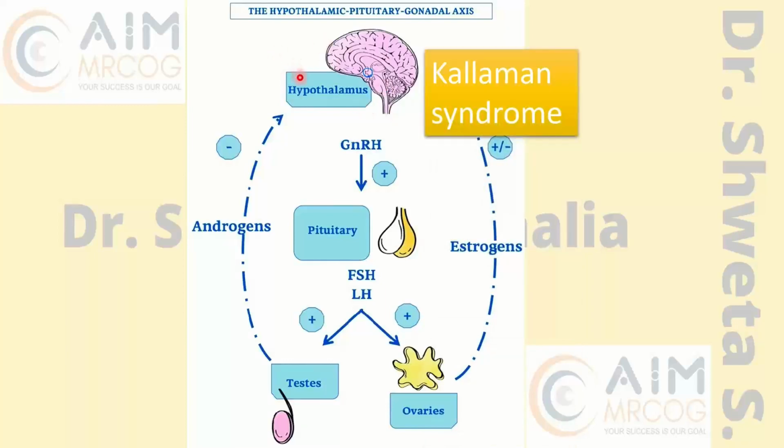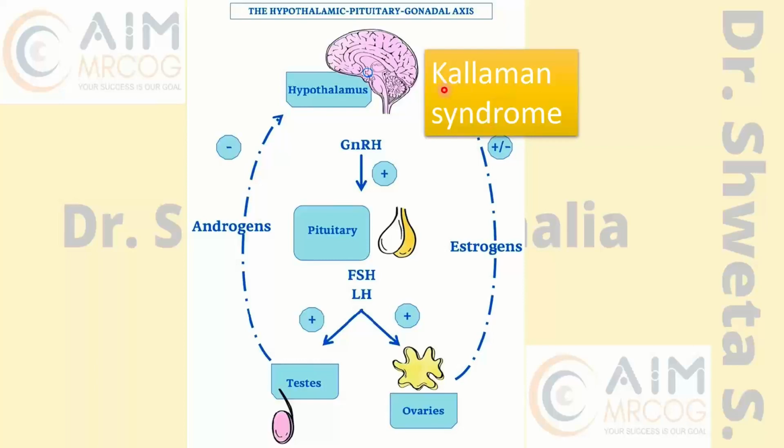So in hypothalamus, sometimes they will give you Kallmann syndrome. This will be a cause of primary amenorrhea because this is the defect in the migration of neurons from the olfactory bulb to the brain. That's why whenever they want to give you Kallmann syndrome, they will always give you difficulty with smell. She cannot smell, anosmia.